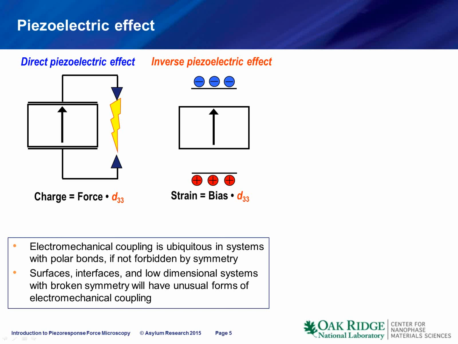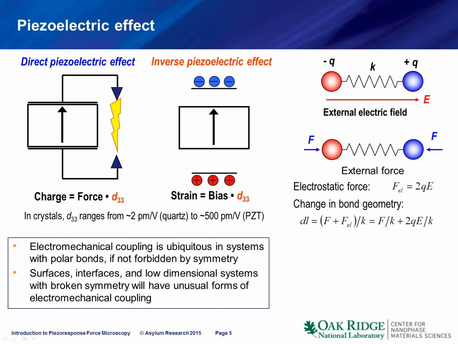The question you may ask is whether this piezo effect exists only in the level of crystals and frog legs, or does it manifest in smaller objects? So in other words, how low can we go? And the answer is it's actually the fundamental part of nature. For example, if we consider a simple polar molecule, so we have two atoms which have opposite charges, which are separated by the chemical bond, which have some given spring constant.